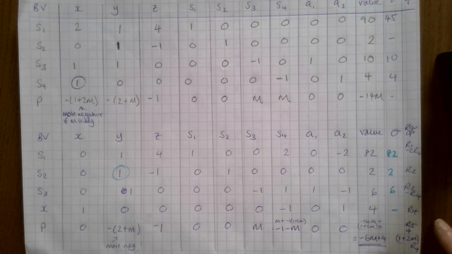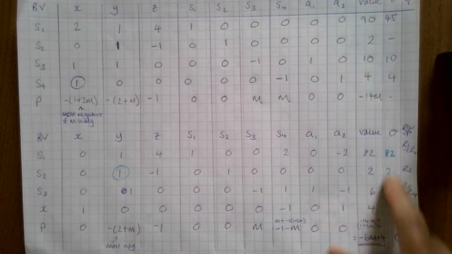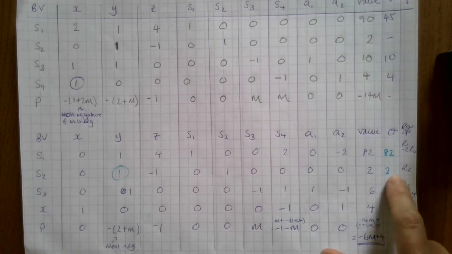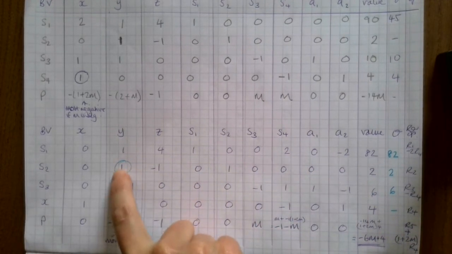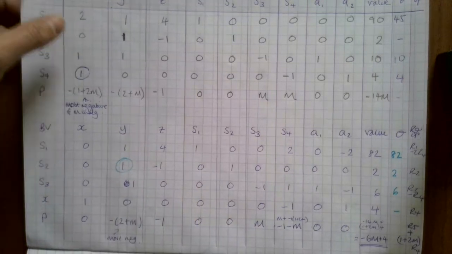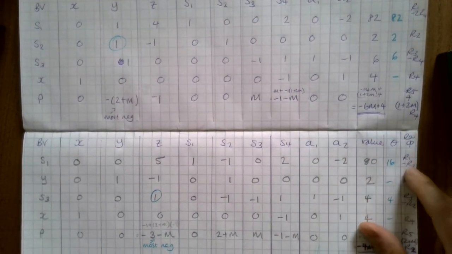So then once you've got the second tableau, you go through again. That's the most negative column. Worked out my values of theta. This one here is the smallest positive, so that one is my pivot element. So again, I've gone through and I've got my row operations. I'll read them out again for you because again, they're small.